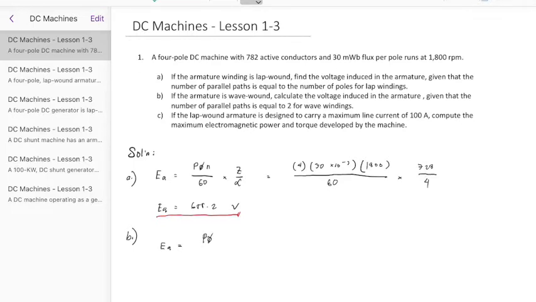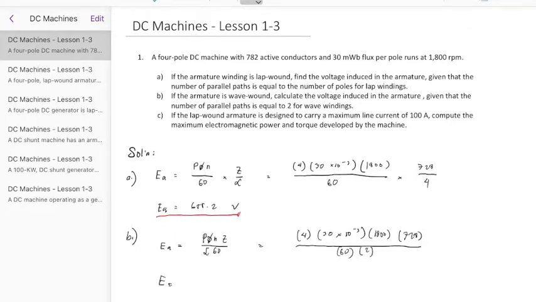Same formula: number of poles 4, 30 milliwebers, 1,800 RPM, number of conductors 728, divided by 60 times the number of parallel paths, which is 2.